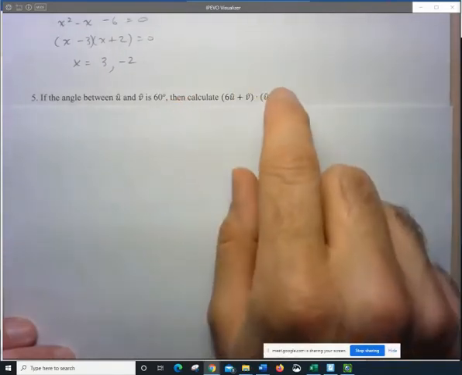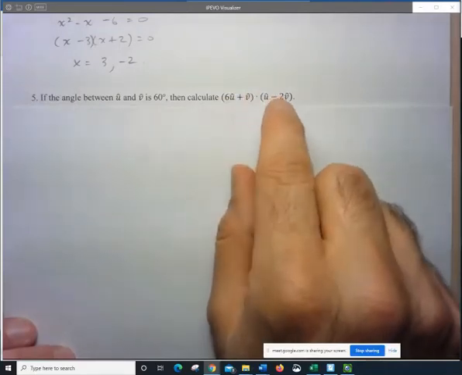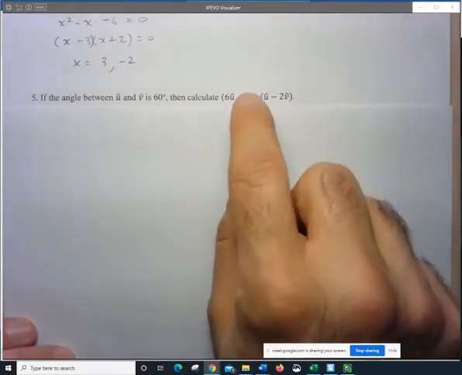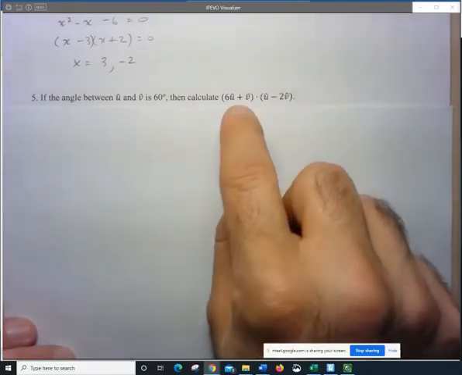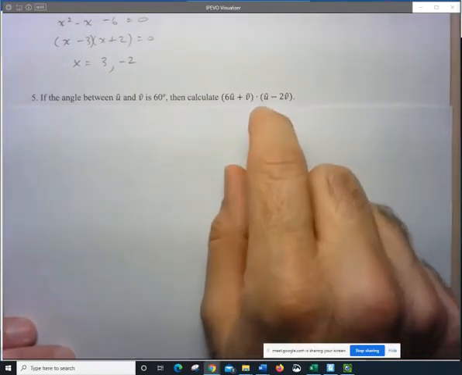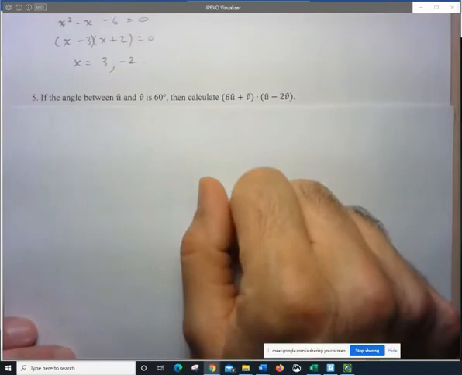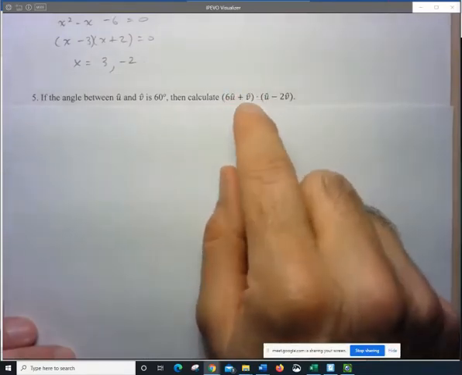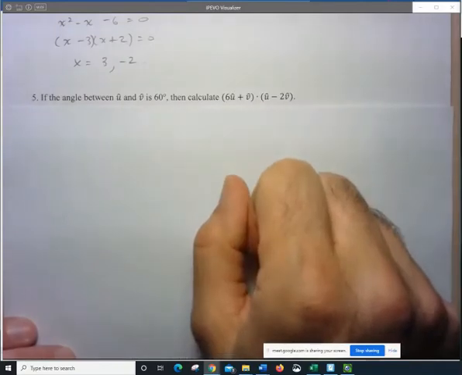So you certainly can solve this problem by independently determining this addition and that subtraction, and then taking the dot product and working completely geometrically. I am going to strongly suggest that you do not do that, okay? Because you can imagine that's going to be a very long process, probably take more than the 15 minutes we have left in this lesson.